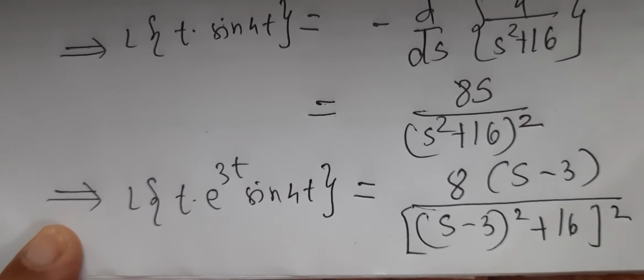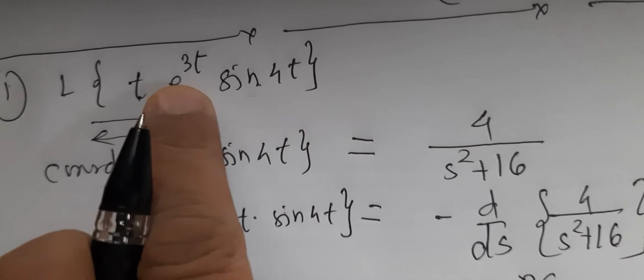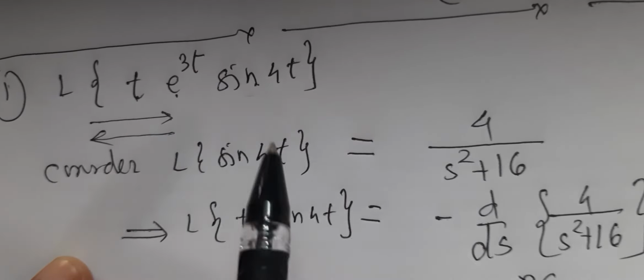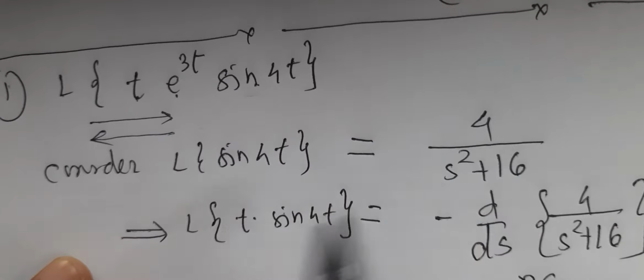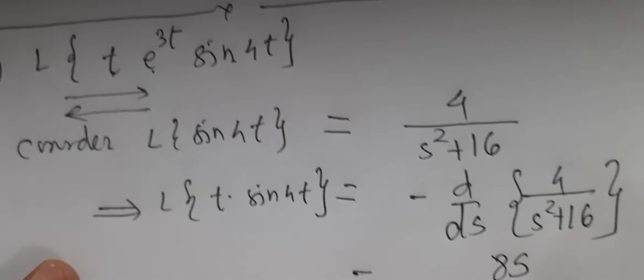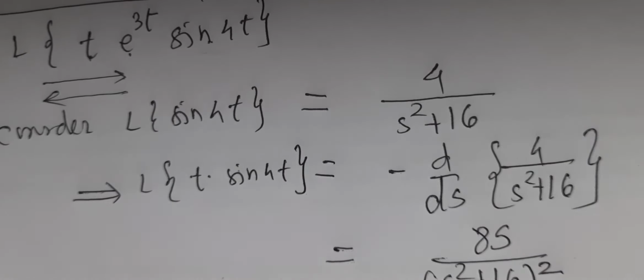Now as I said, you may apply the first shift theorem first, not any issue. The thing is, just see, sin 4t is the Laplace here. If you apply first shift theorem first, the expression will be lengthier, that's it, because first shift is very easy to apply, but the expression becomes lengthier.